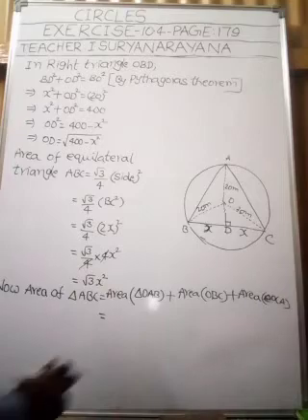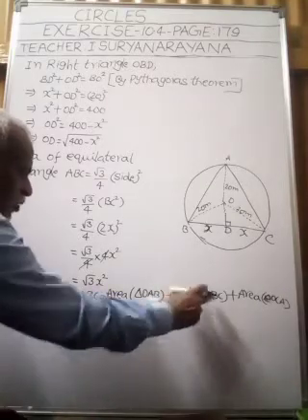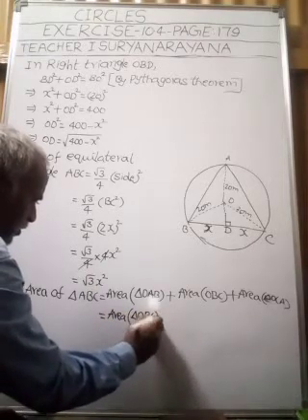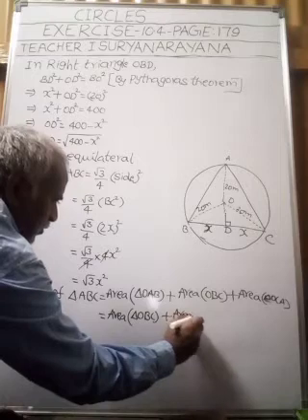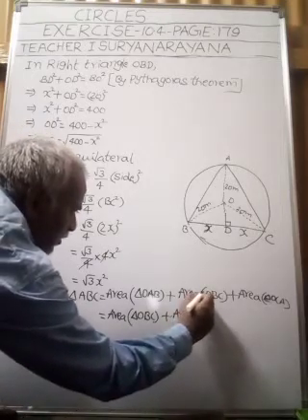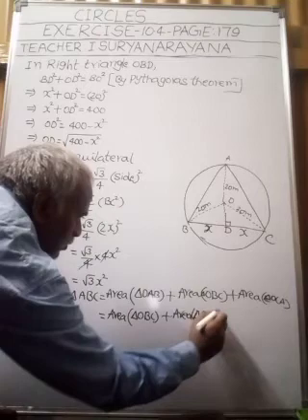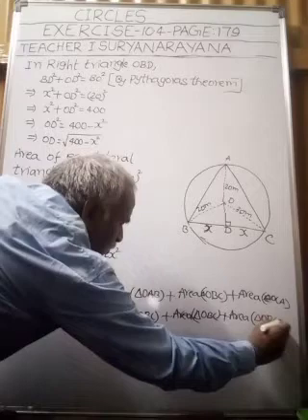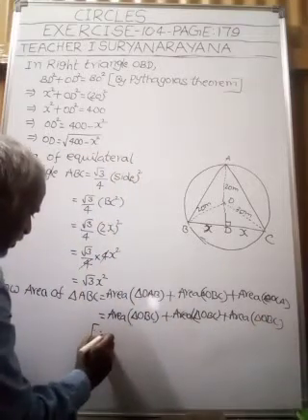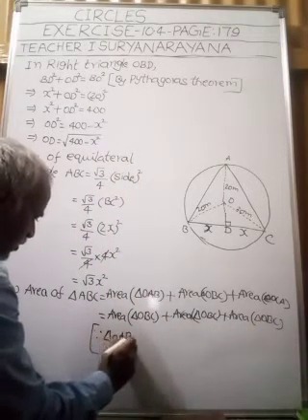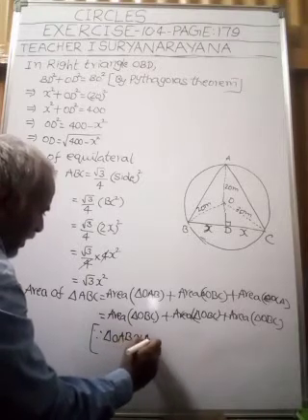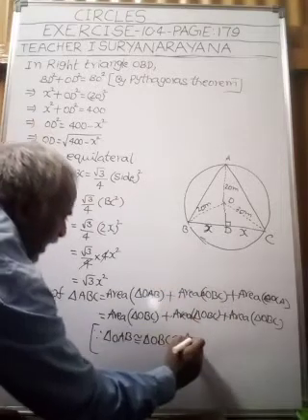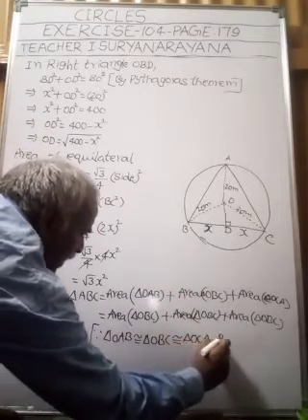Therefore, we can write area of triangle OBC plus area of triangle OBC plus area of triangle OBC, because triangle OAB is congruent to triangle OBC, congruent to triangle OCA by SSS.